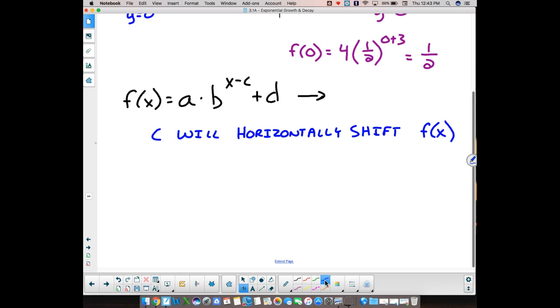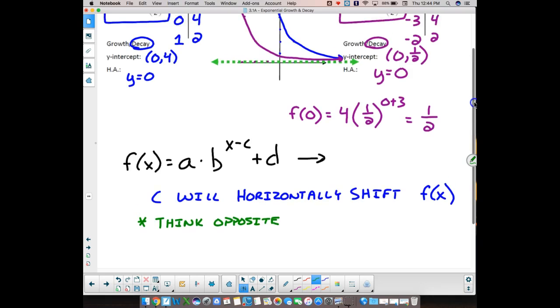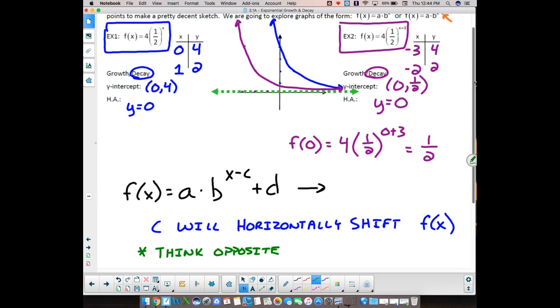Now, a couple of notes about it. It's one of those you gotta think opposite type things. Because on this one that we just did, we said that C was +3 in that C position, but we shifted left 3 from the blue.